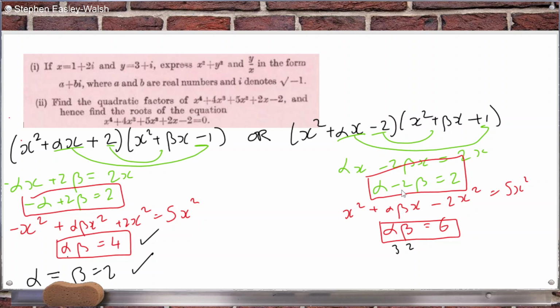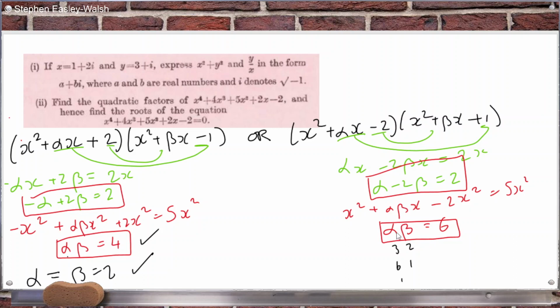3 minus 4, no. 2 minus 6, no. Okay, what about 6 and 1? 6 minus 2 is 4, no. And then 1 and 6 then, no. So if I was to solve this, I wouldn't get integer solutions because I've just tried all the solutions.